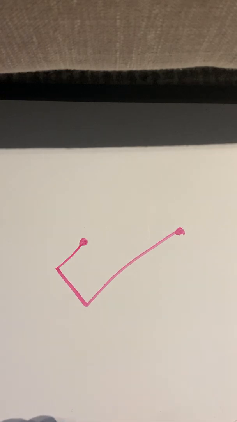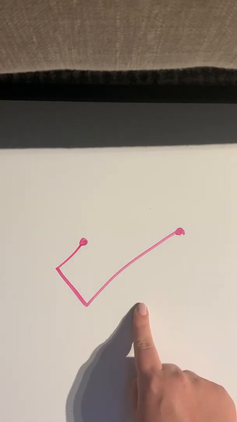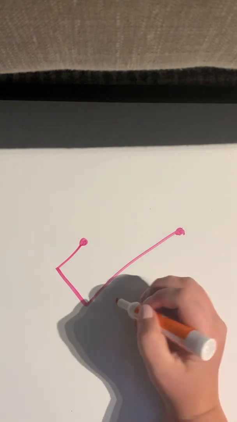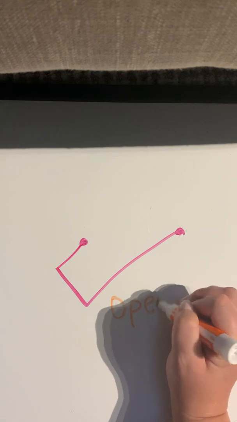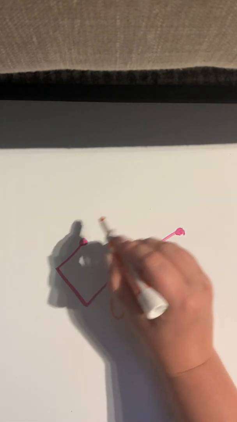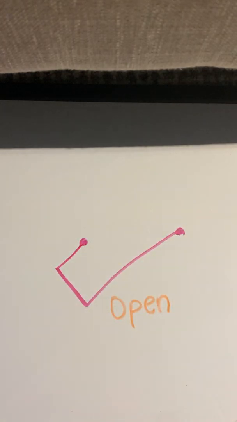So that tells me, is this an open polygon or a closed polygon? Excellent. You should have said open. And we know that it's open because nothing is connected here and I didn't start and end at the same point. All right, let's look at this next two-dimensional figure.